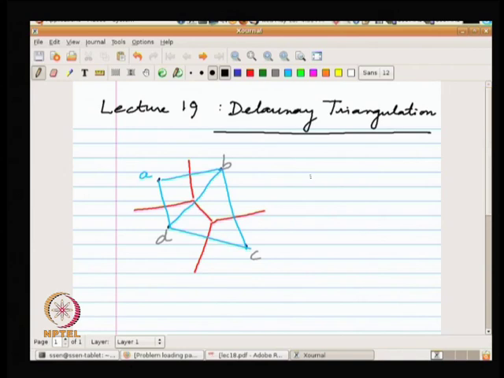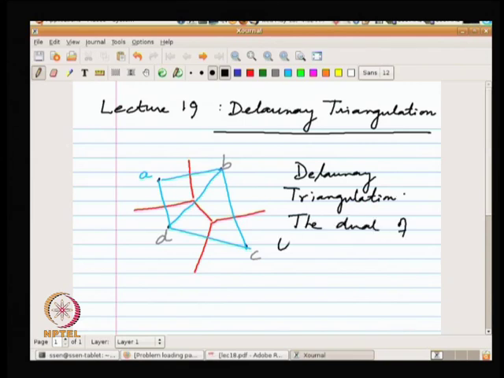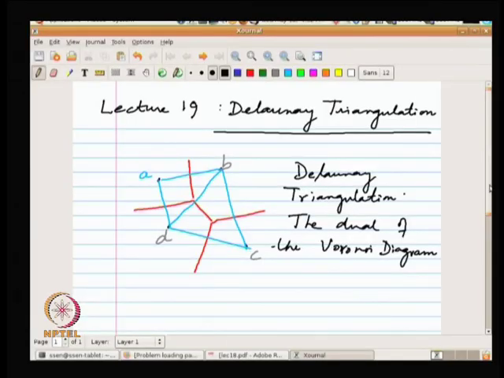I mean, one way of defining it is that Delaunay triangulation is the dual of the Voronoi diagram. We will be restricting our discussion to 2 dimensions, okay, but even in higher dimensions there are analogous relationships between Voronoi diagrams and Delaunay triangulations.